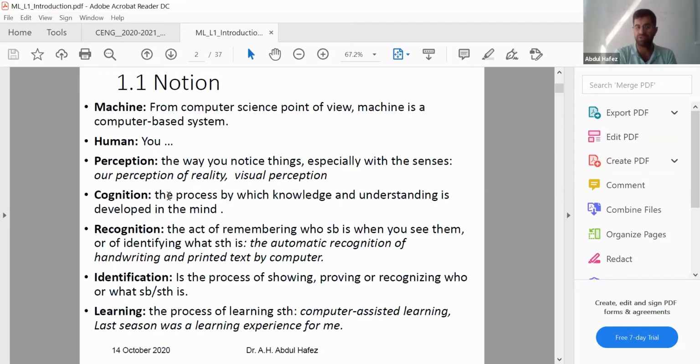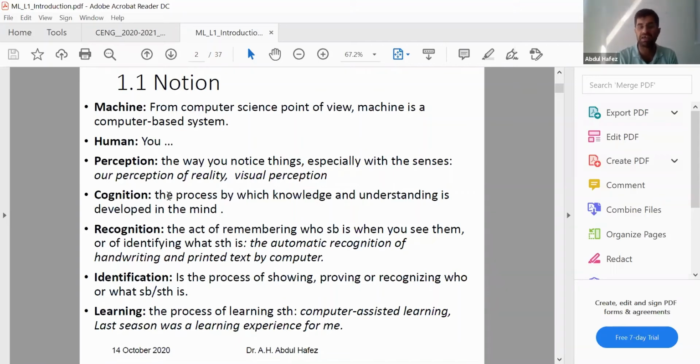What is perception? Perception is the way you notice things. How do we notice things around us? For example, we see objects surrounding us using our eyes. We say this is visual perception.